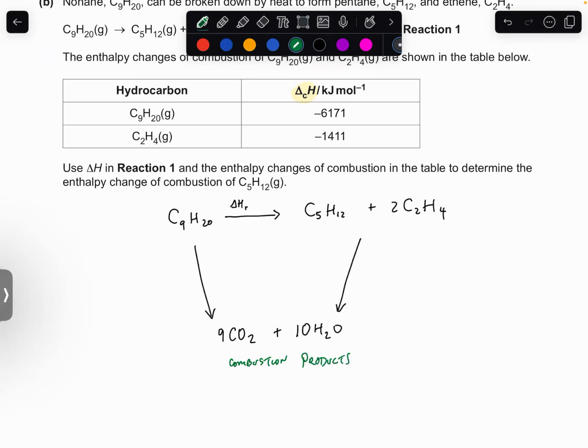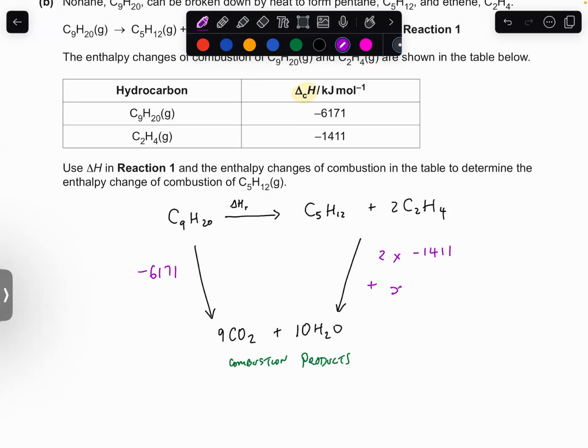Now, they've given you for nonane minus 6171. They've given you for ethene, which is 2 times minus 1411. And you're trying to work out what pentane is.